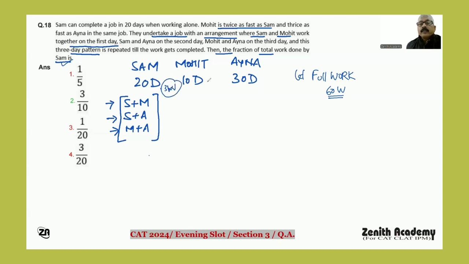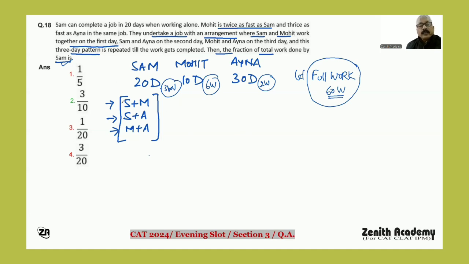Mohit will finish daily 6 work. And Aina daily 2 work only. Right? 20 threes are 60, 10 sixes are 60, 30 twos are 60. This concept you understand. Okay, I assume that the full work is 60, and accordingly in 20 days, Sam finished 60 work, means daily 3, Mohit 6, and Aina 2 works daily.